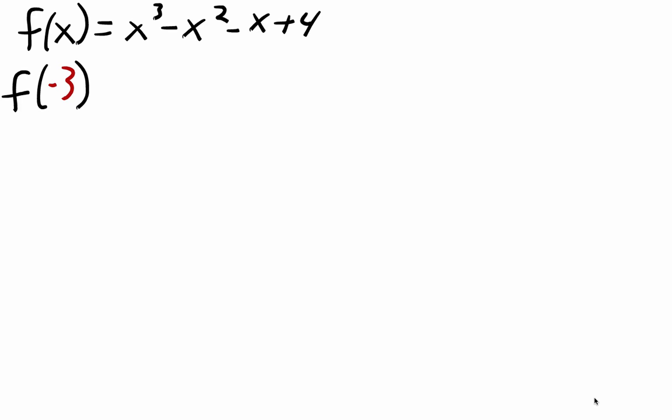So let's try another one there. Here we have the function x cubed minus x squared minus x plus 4. So this is cubic because the degree on this polynomial is 3. That's the largest exponent on the variable. And wherever we see an x, we're going to put a -3 in our equation.